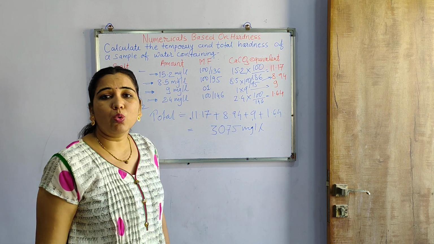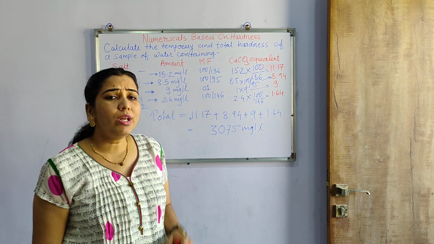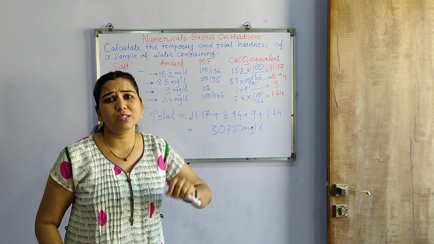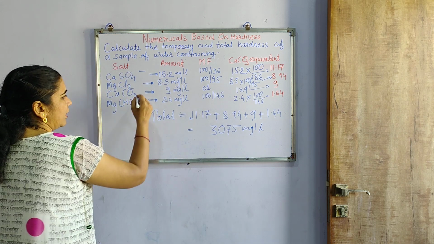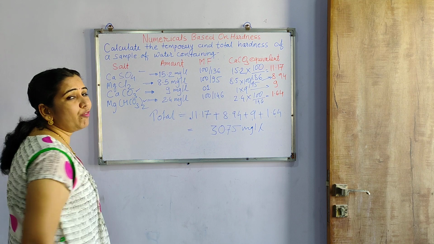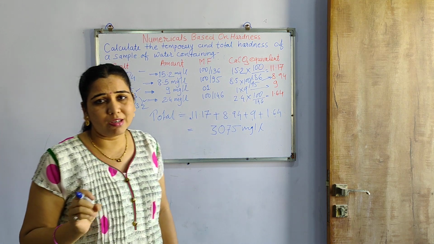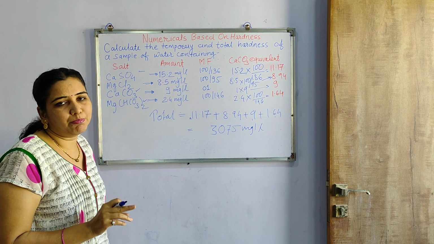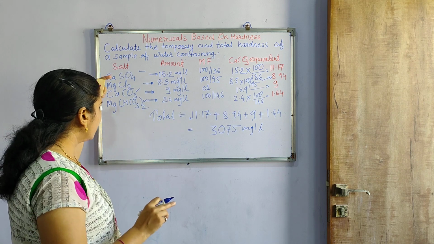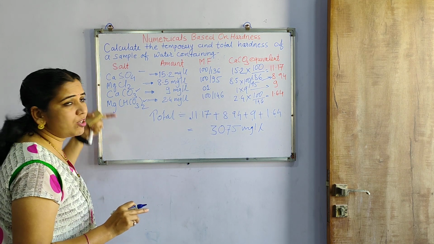Now if we have to calculate temporary hardness, we only have to consider those salts which are responsible for temporary hardness. Which salts are responsible? The carbonates and bicarbonates of calcium and magnesium. So we'll consider only that type of salts. In this problem, only two such salts are present.